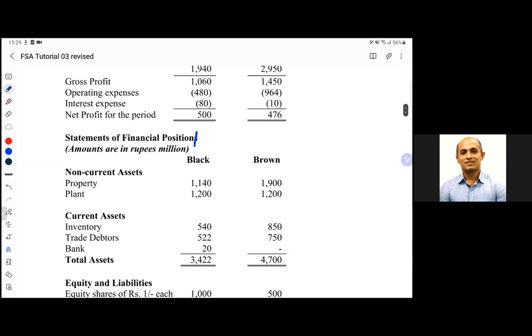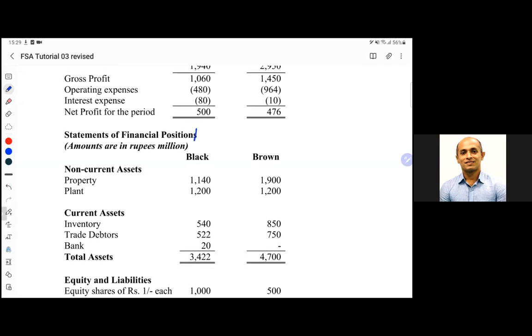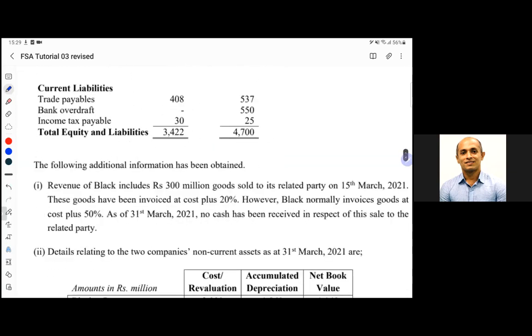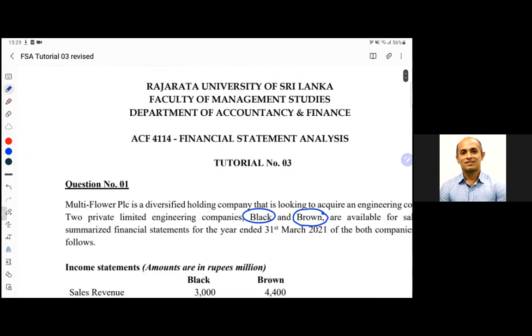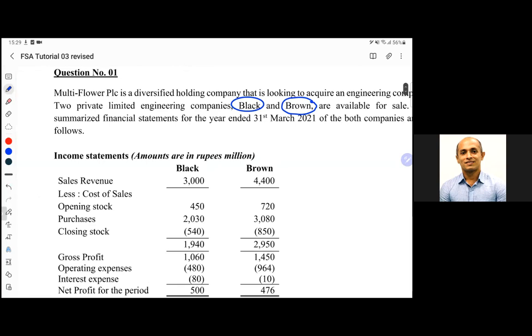Statements of financial position. So here, printing mistake. Financial position. Right. Now what you have to do is compare these two companies and decide which company you should acquire.